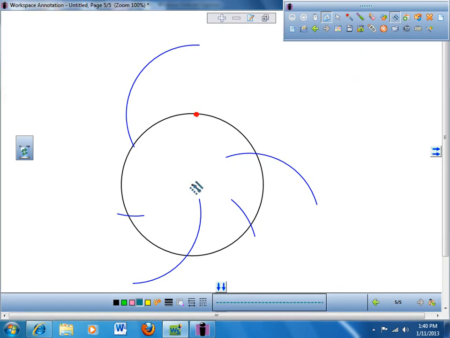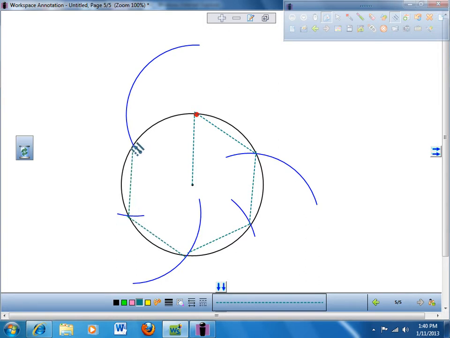If I did this correctly, I connect this to here, and this to here, and this to here, and this to here, and this to here, and this to here. Does it only work for hexagons?